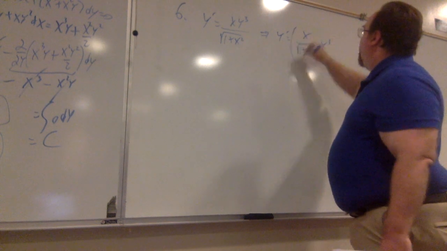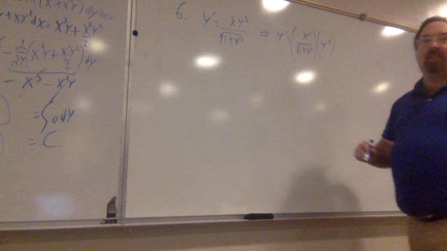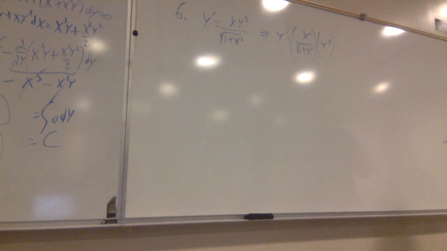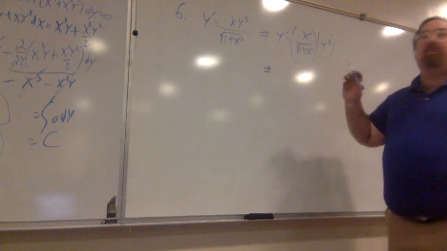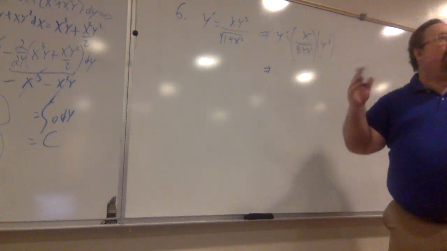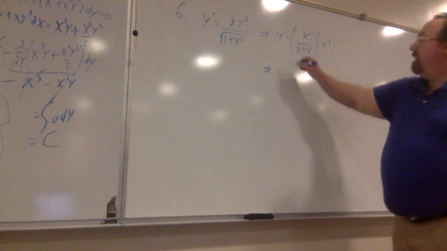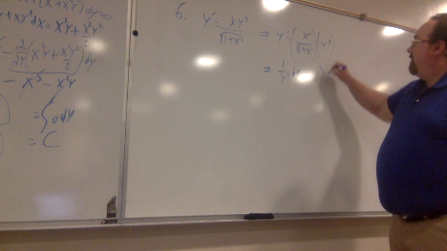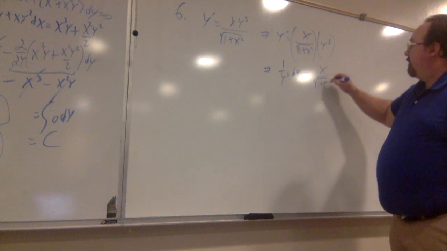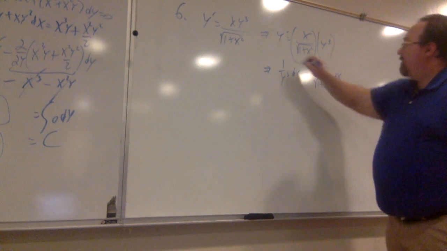Okay, so now you can clearly see function of x times function of y. And then everything with y, one side, everything with x, the other side. That means you have 1 over y cubed dy equal to x over square root of 1 plus x squared dx.